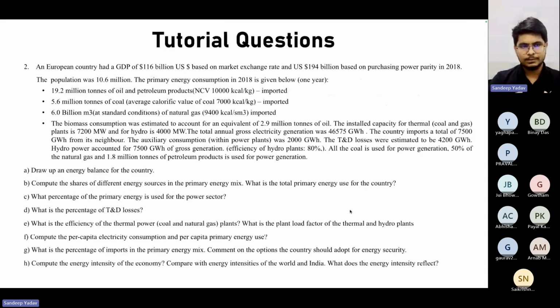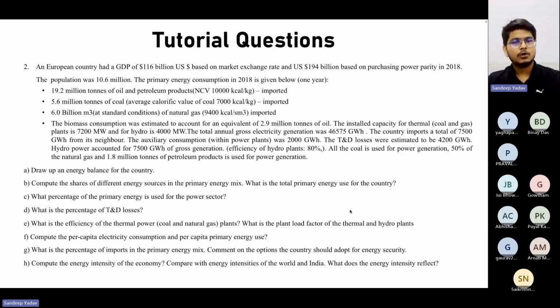And here also we are able to calculate the energy identity and other things like installed capacity, primary energy consumption. And other than that, this is a big question with 8 parts being asked.